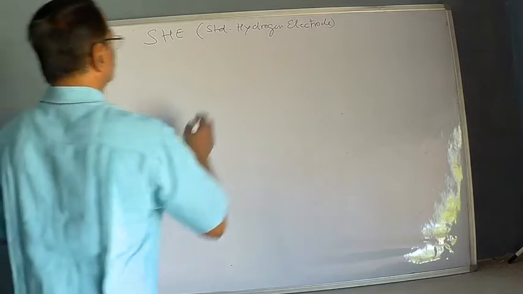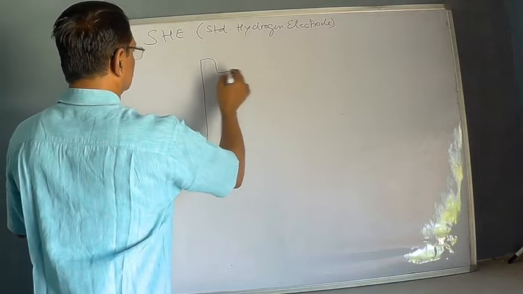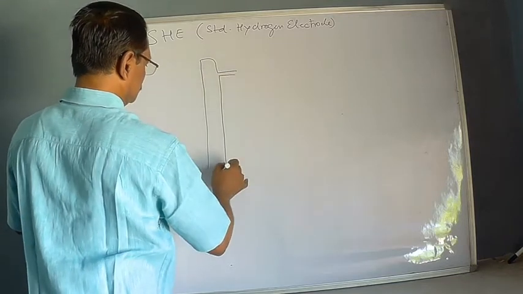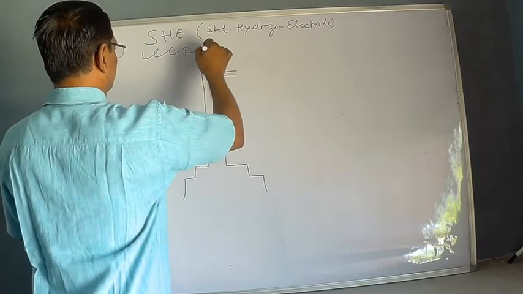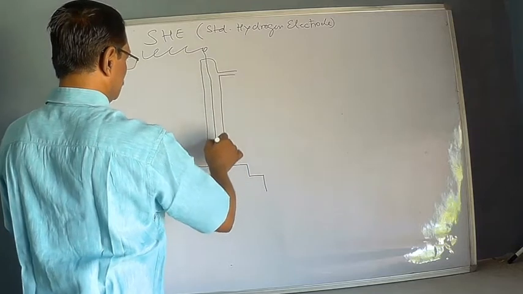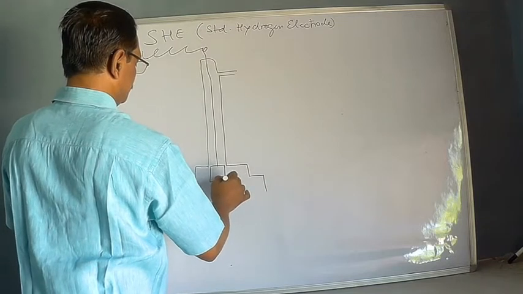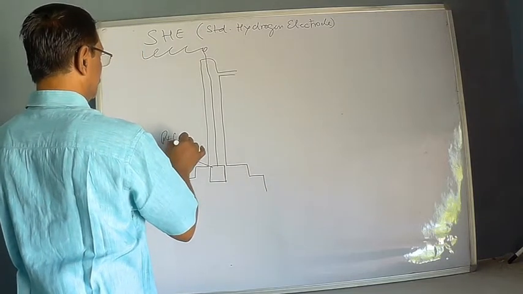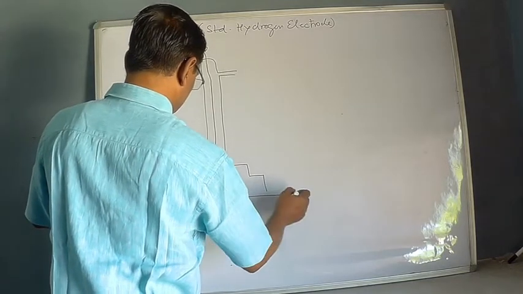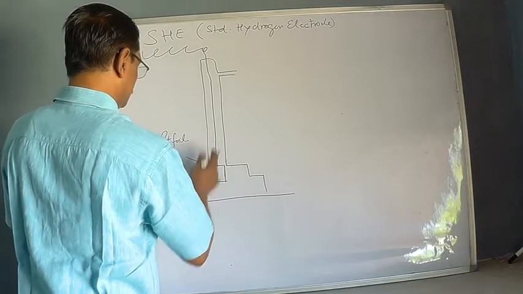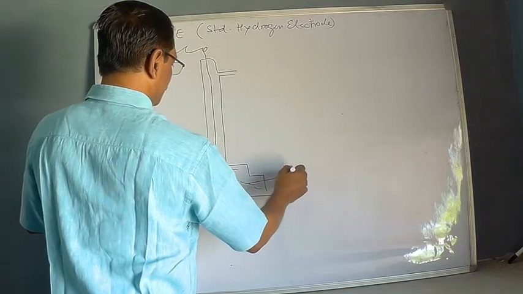See how. This is a wire, and this is my platinum foil, Pt foil, and this foil is dipped in 1 molar HCl.